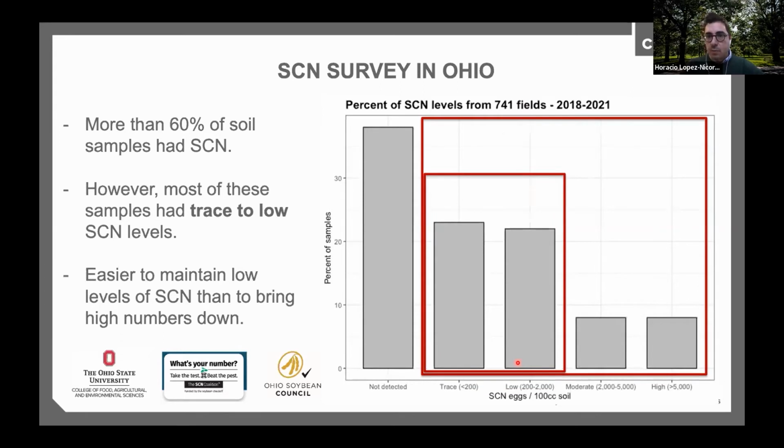Low levels that we can easily keep down or even bring to levels that will not cause damage to the plant. Remember, it's easier to maintain low levels of SCN than to bring these very high levels down. So we do have fields, unfortunately, in Ohio that have soybean cyst nematode way above damaging threshold.